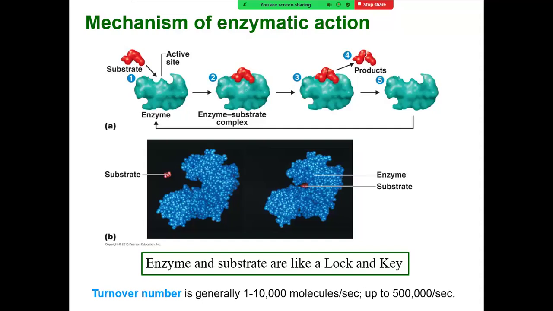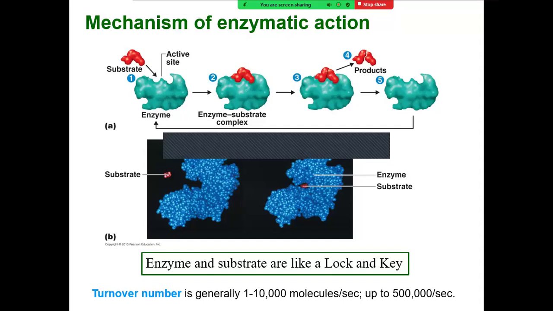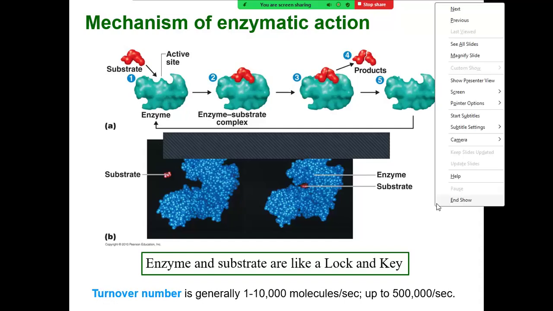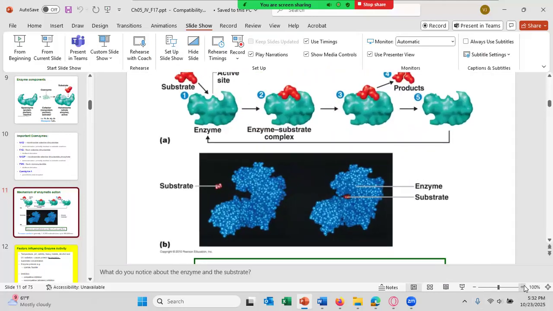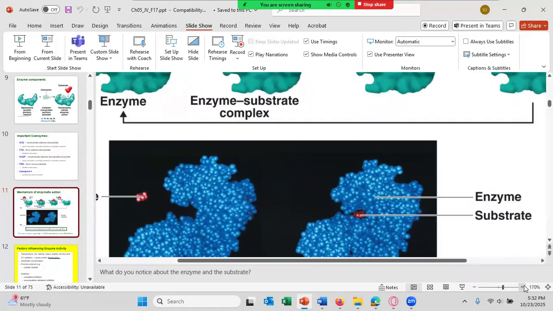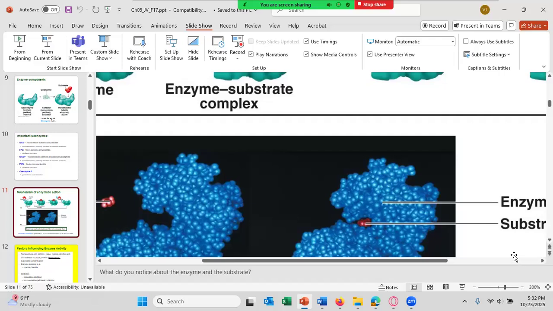This is the hand in the glove model of how an enzyme works. Can anyone see three important parts about this hand in the glove model?